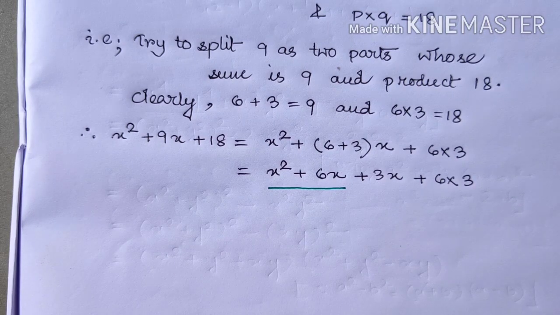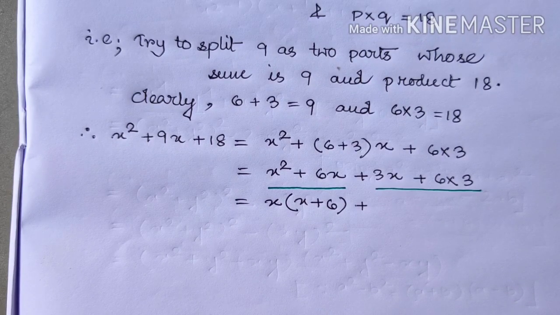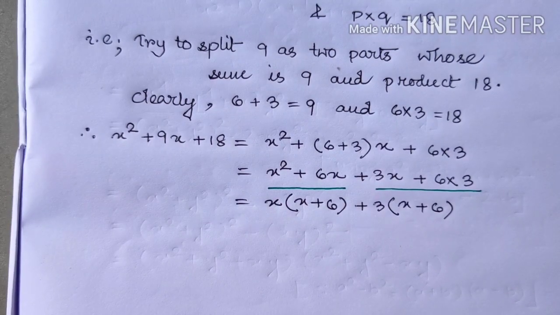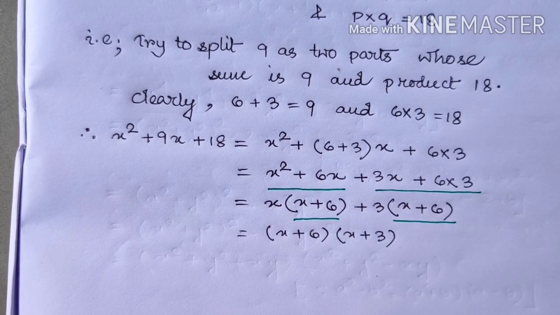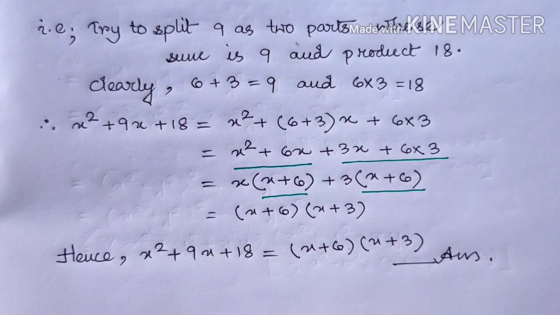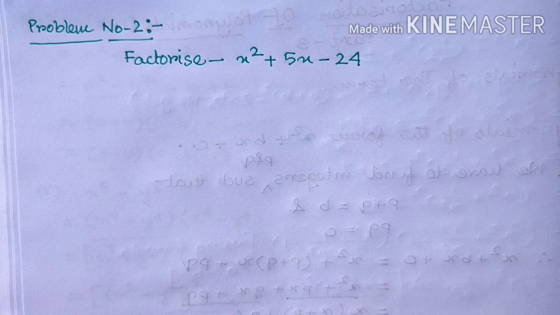Now taking x common from the first two terms we get x into (x plus 6), and taking 3 common from the second two terms we get 3 into (x plus 6). Now taking x plus 6 common we get (x plus 6) into (x plus 3). Hence the result will be (x plus 6) into (x plus 3).